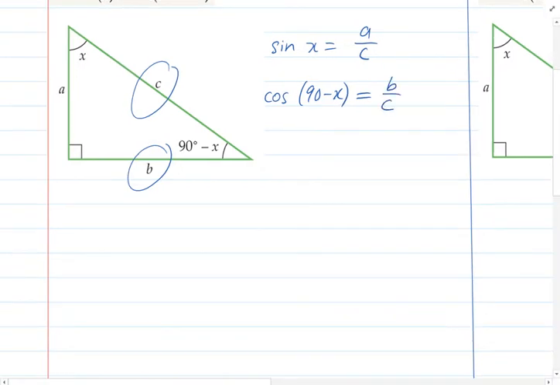B over C, and that makes me realise that I made a mistake with the first one because B is opposite, so it should be B on top there.